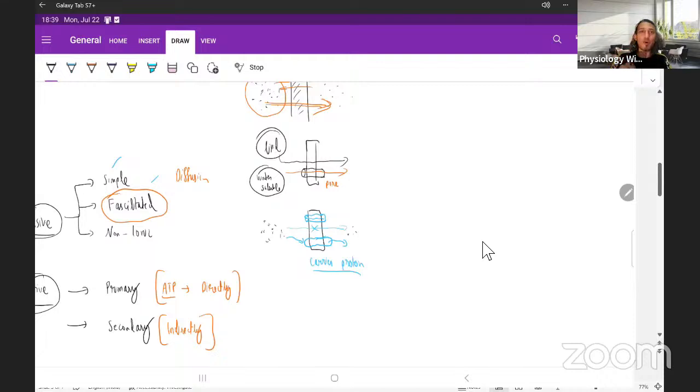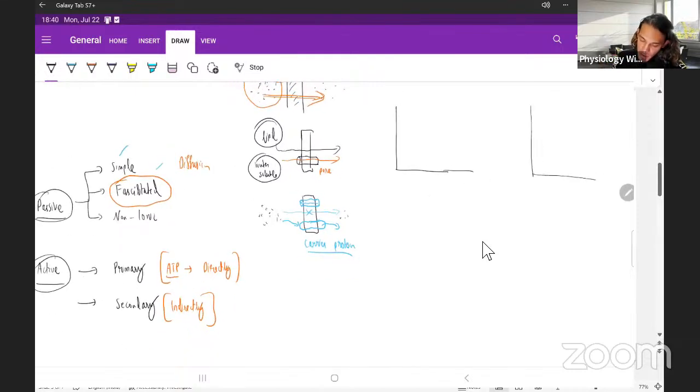So you have to give points on what simple diffusion is and what facilitated diffusion is, then draw this diagram. You plot the concentration of a substance versus the rate of flow. As the concentration of the substance increases, the concentration gradient increases. This is the rate of flow.